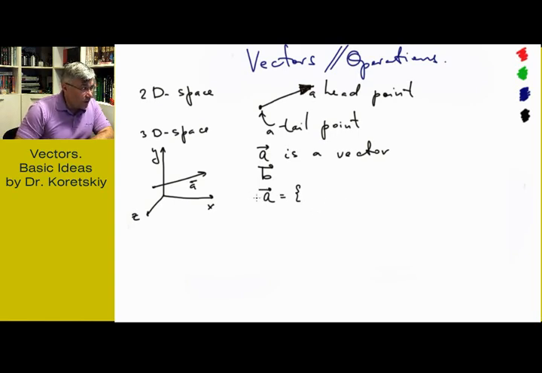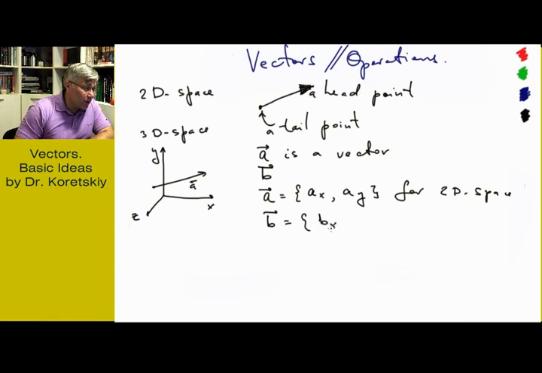For two-dimensional space, we have ax and ay components. Or for example, I denote a vector b here in 3D space. It has bx, by and bz coordinate components.